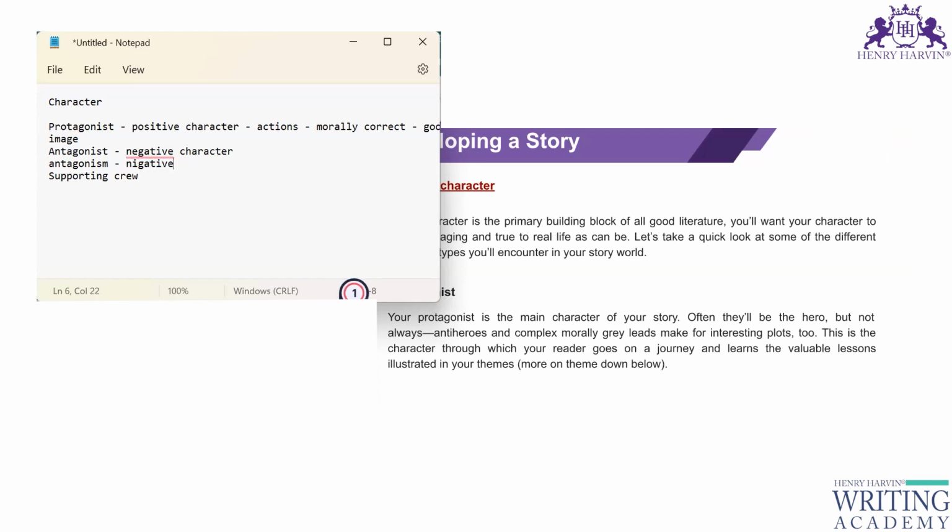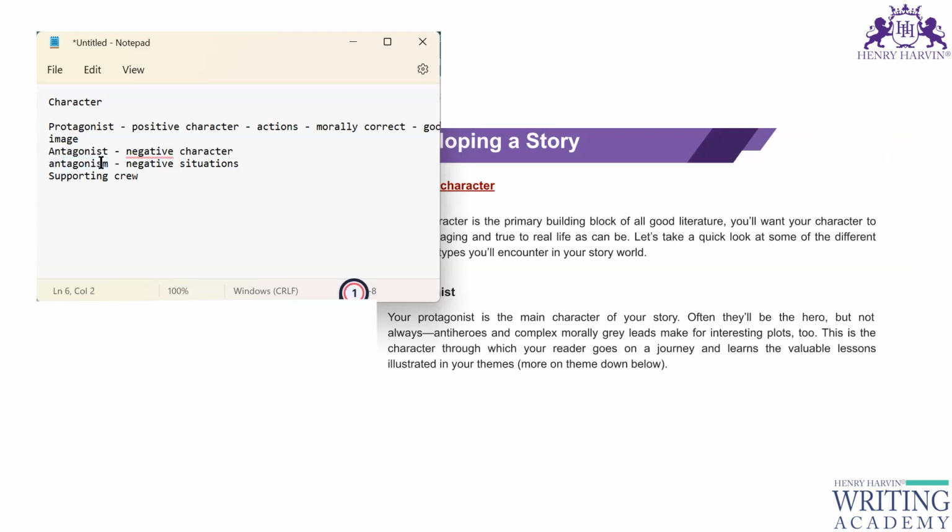For example, the character is suffering from mental depression. Now mental depression will become your negative situation, or the antagonism.